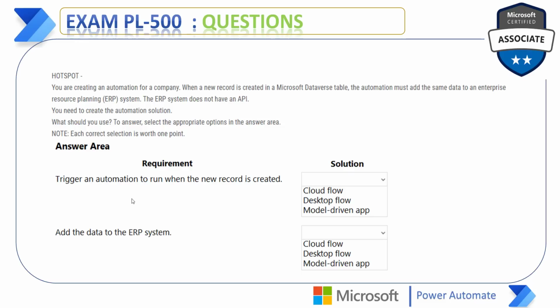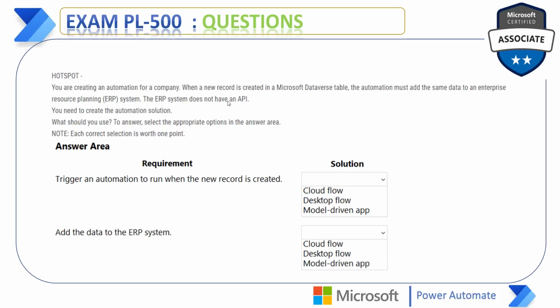Before going to answer this question, if you observe over here, a new record is created in a Microsoft Dataverse table. The automation must add the same data to an ERP system. So how can we go ahead and add it? We have to create an automated cloud flow over here, right? That is my first requirement. And the second requirement is that the ERP system doesn't have an API.